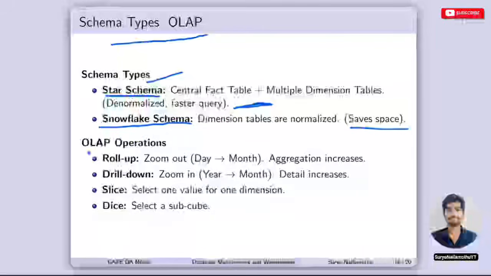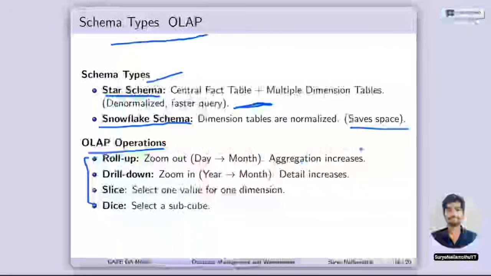And next, OLAP operations. These four are the OLAP operations. OLAP means online analytical processing. It means we have a large amount of historical data. Today a lot of data is generated by humans or machines, and data generation is increasing day by day in trillions. So we need to store the data in multiple forms.